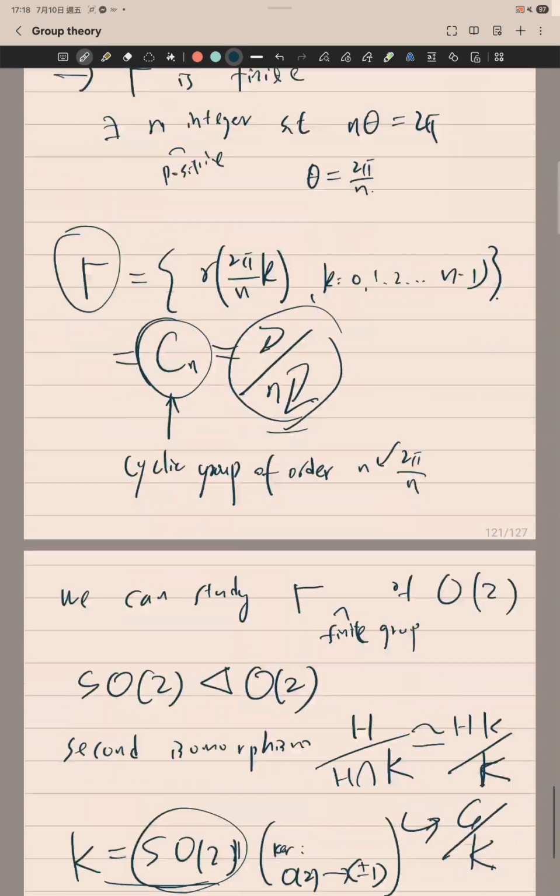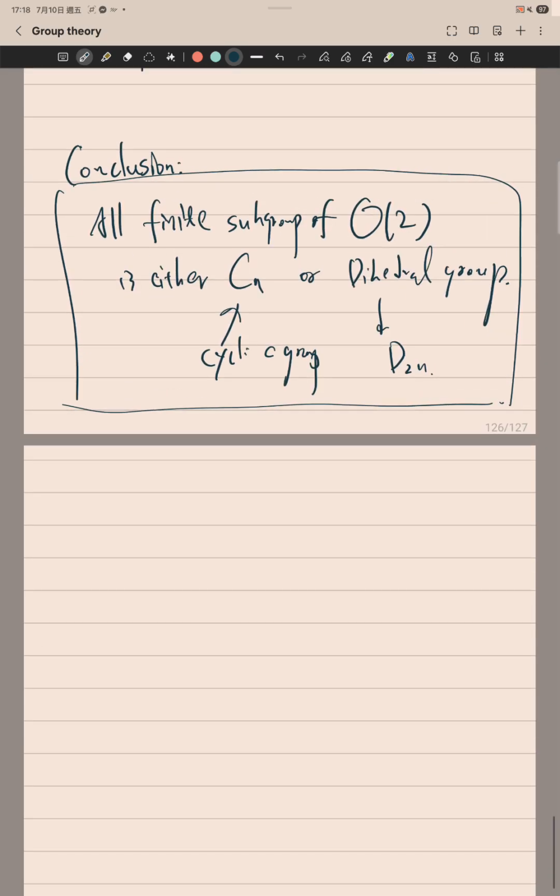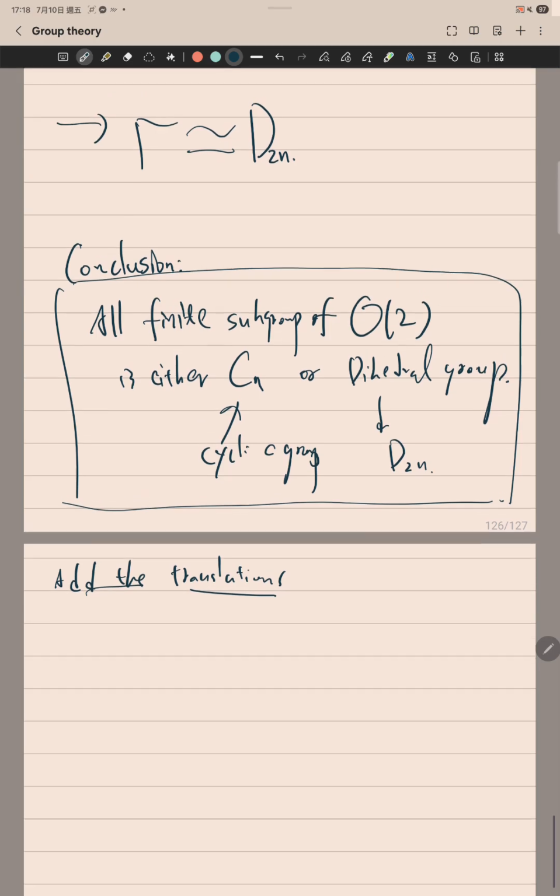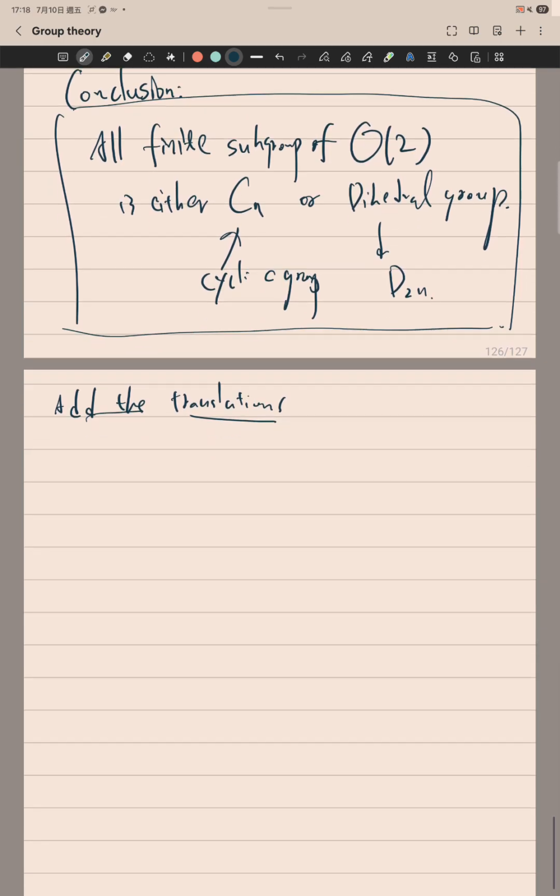Okay, but now after that we want to move to some more difficult examples. So in the next video we will try to add translation. You can see that translation also doesn't change the distance, right? So translation is also really interesting. So we want to study the larger group once we add translation.